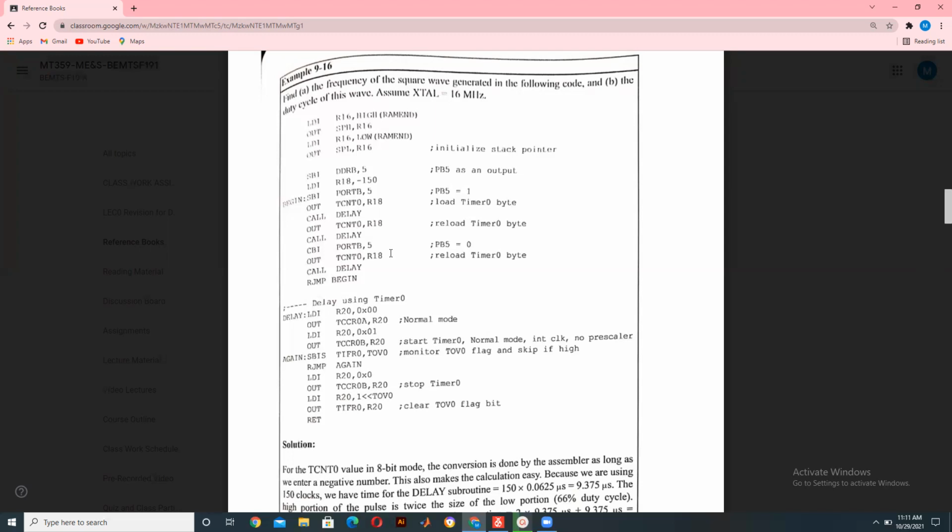Port B bit 5 would be 0, and then TCNT0 is R18. Again reload timer 0, again delay, and then jump to begin.